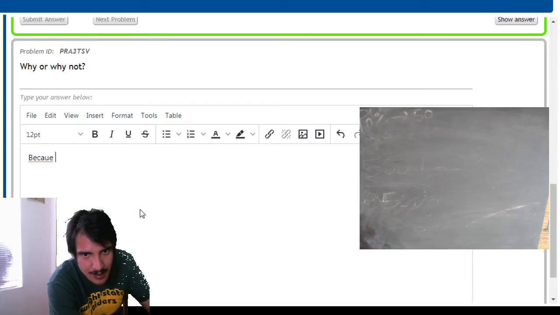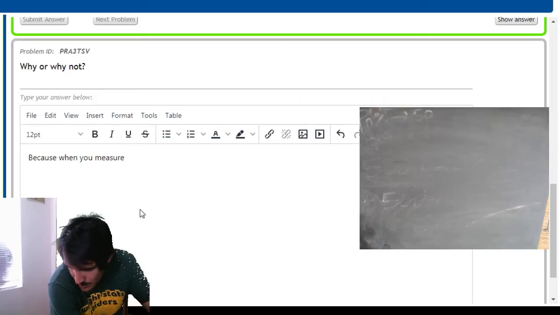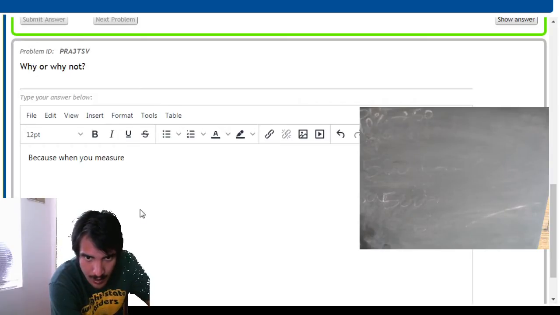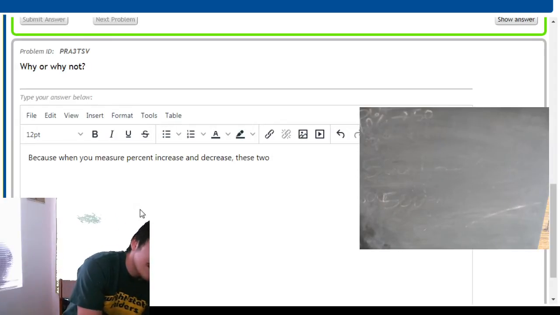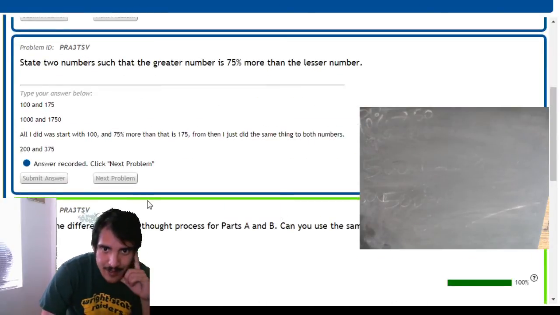Because when you measure percent increase and decrease, these two are based on, no, how do I say this? That's not a good explanation. Let's see.